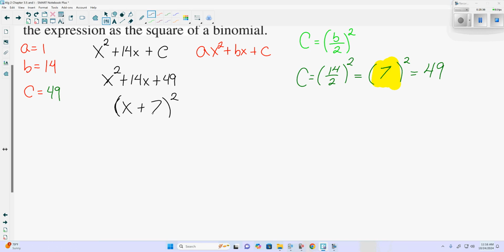That's why I said it's good to do the division first so we know what goes in there, what's going to be part of that answer before we square it. That's it. So this is the first part. We're doing this here before we get fully into the completing the square method so that we have a foundation of finding C, finding that third term before we get into actually using it.